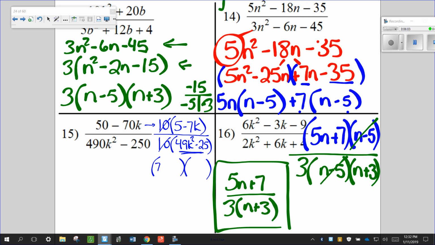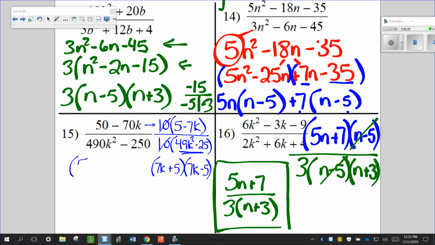So what's the square root of 49? 7. It's the square root of k squared, k. Now you can double check yourself. 7k times 7k, that equals 49k squared, right? Okay. And then the second term, 25, the square root of 25 is 5, plus or minus 5.